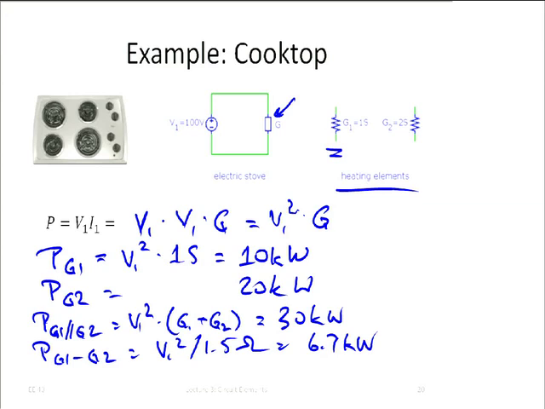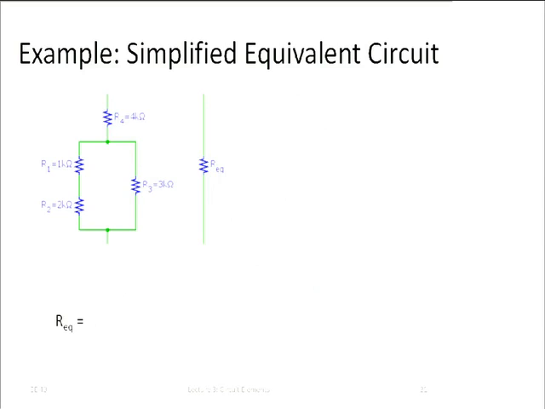Okay, so more simple circuits. Another one. Oh no, this is an example, sorry. So here is an example. We have a circuit. These circuits will show up in our circuit diagrams here and there, and we just need to be able to deal with them. So here we have both series and parallel connections, and we want to reduce this to that simple circuit there.